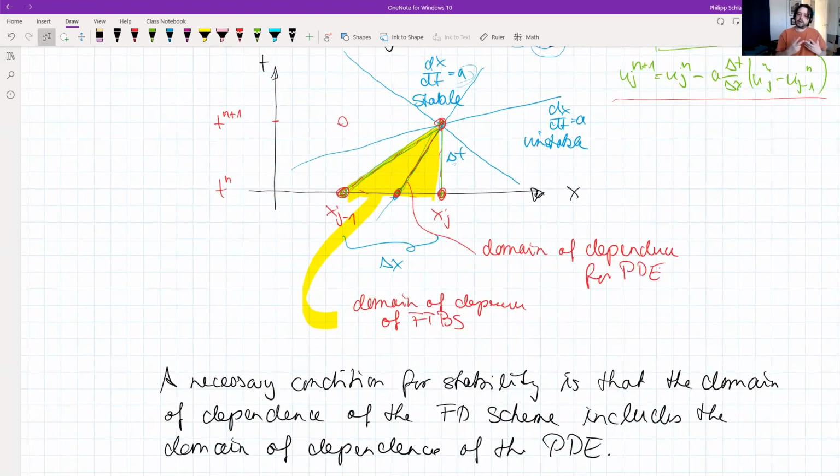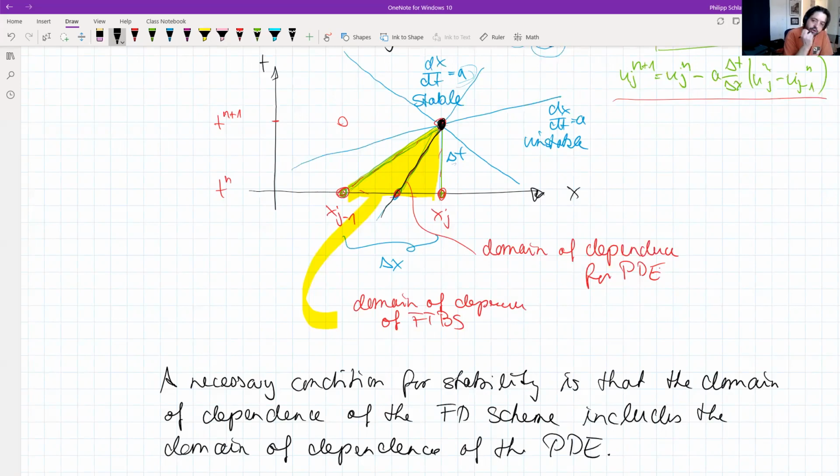And of course, this also makes sense if you think of it, because it means that the domain of dependence of the partial differential equation is this line here. So the information needed to calculate the value at this point is along this black line. So that's the characteristic that goes into that point here.